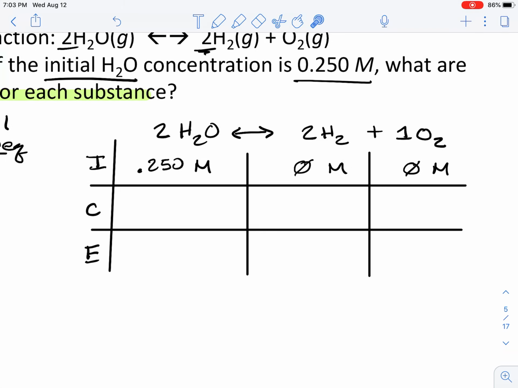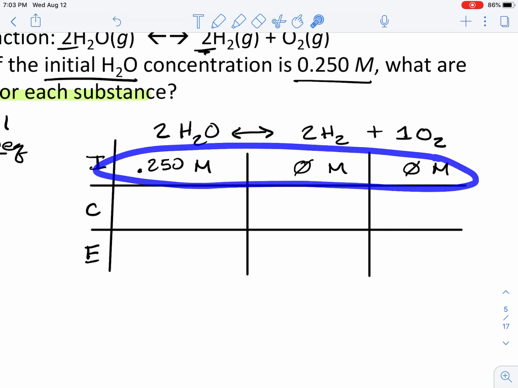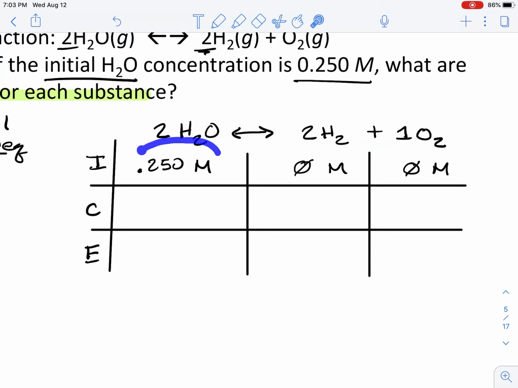Looking at the initial concentrations for all 3 of these substances, notice that I have an amount for the reactant and none for the product. And so it makes sense for the reaction to progress in the forward direction. In other words, we're going to consume the reactant that's already present to produce product until the chemical reaction has reached a state of chemical equilibrium.